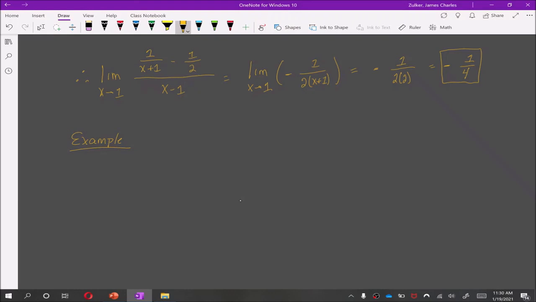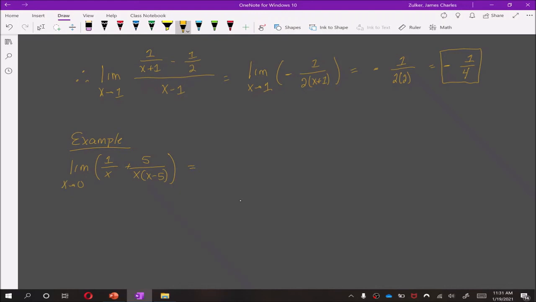Right, let's now look at this limit. Okay.